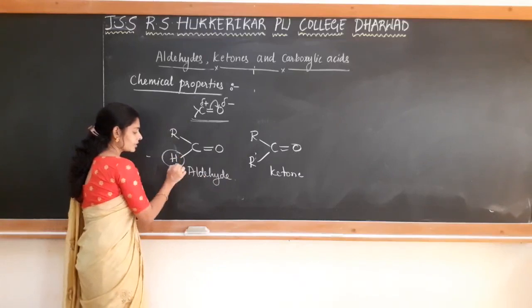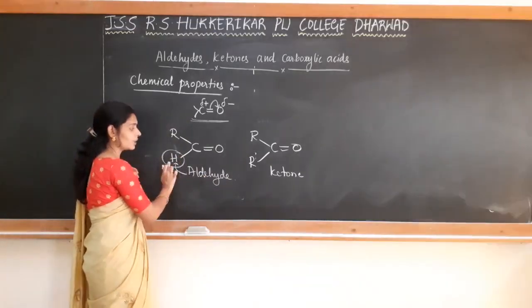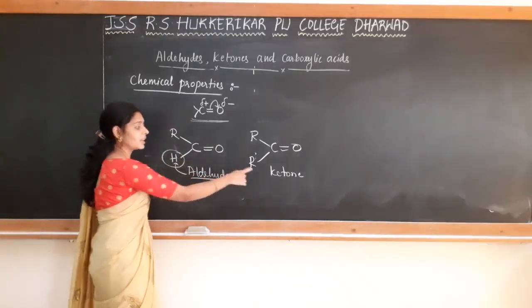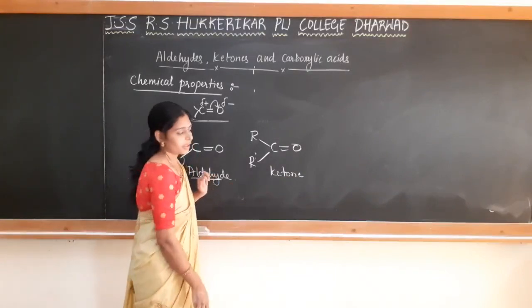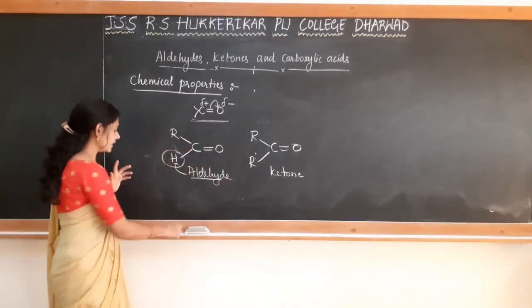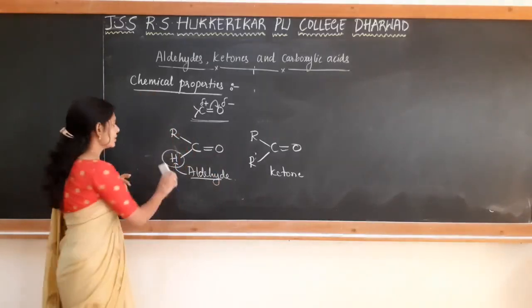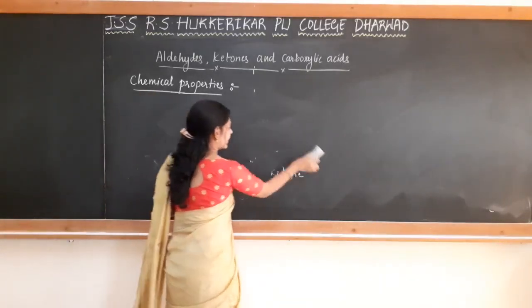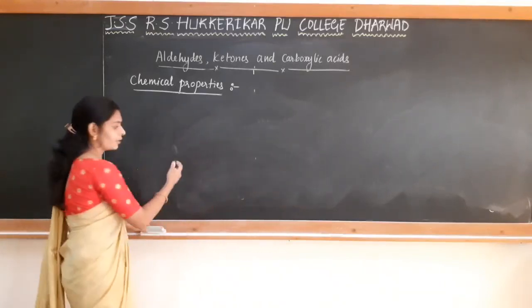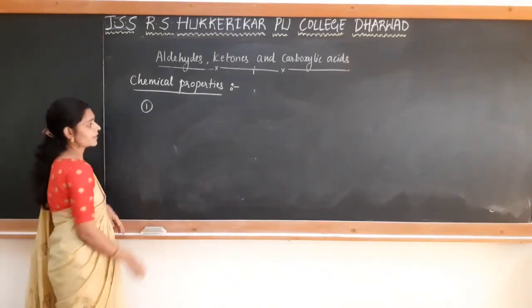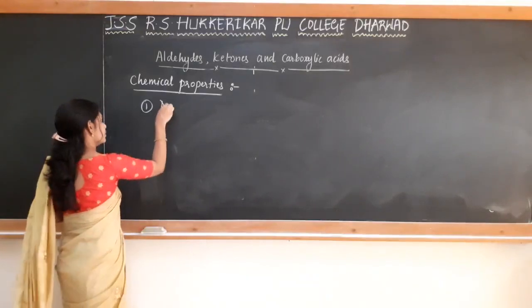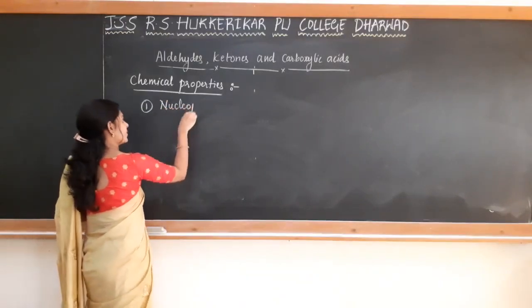Because of the presence of this hydrogen atom, aldehyde is more reactive than ketone. We'll discuss it later. Let us see what reactions aldehydes and ketones undergo. We can categorize the reactions in the following manner. The first type of reaction which aldehydes and ketones undergo is the nucleophilic addition reaction.